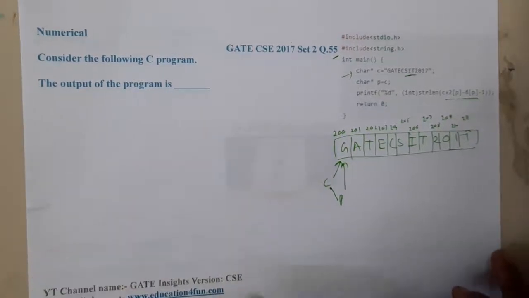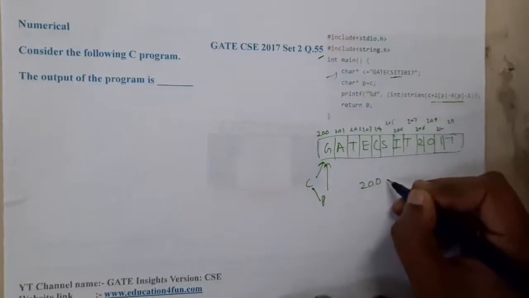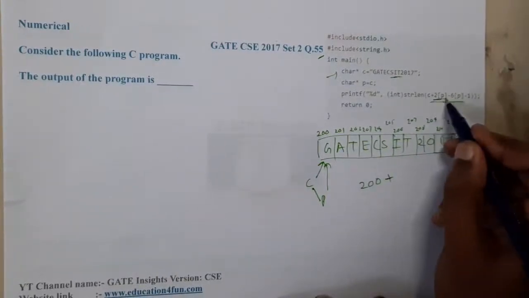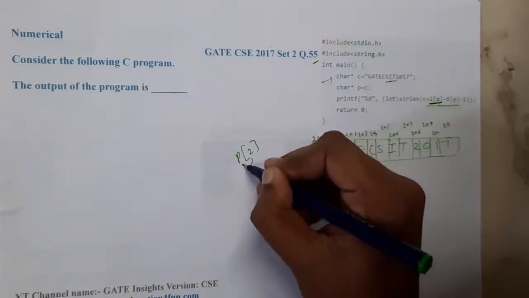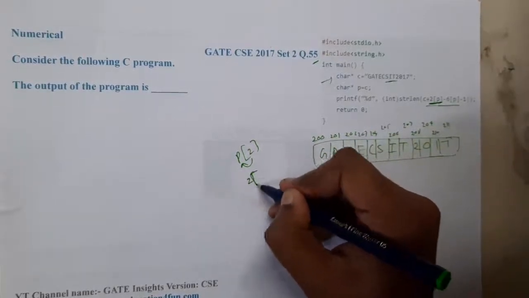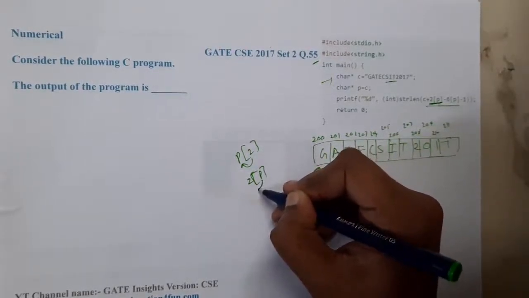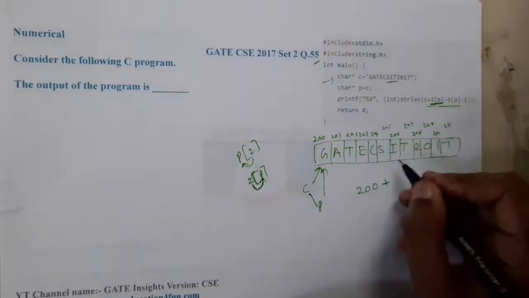The value of C is 200, plus 2 of P. Remember, P of 2 is the second index element in the P array. Similarly, 2 of P is nothing but the second index element in the P array.